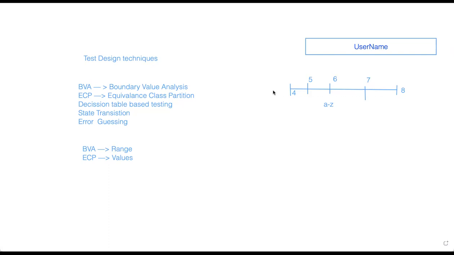If we go with 3, 2, 1, and on the other side 9, 10, 11, these are invalid, but we cannot test all the invalid scenarios before 4 characters and after 8 characters.